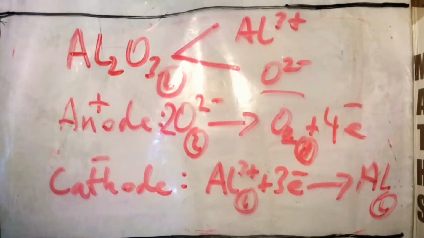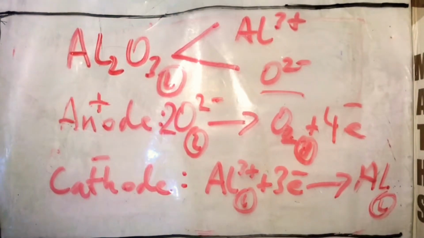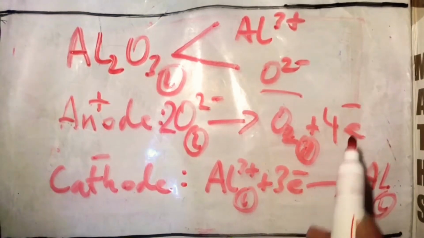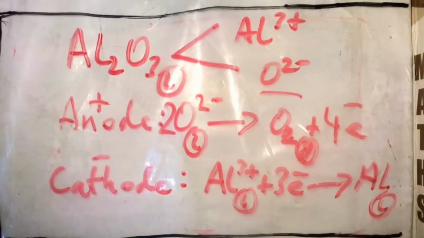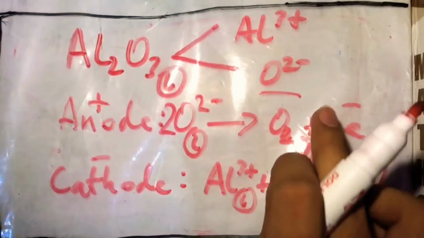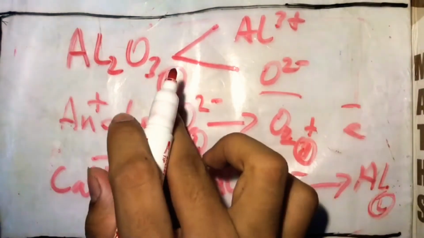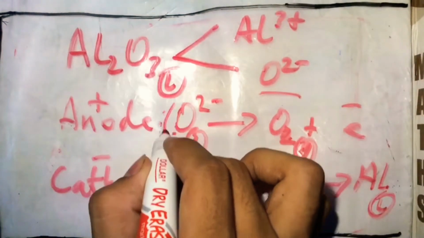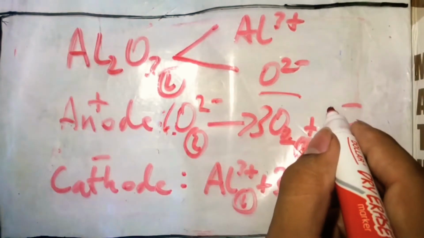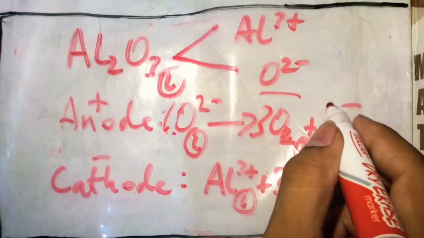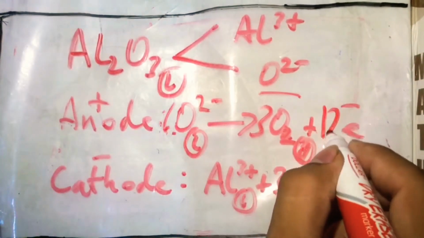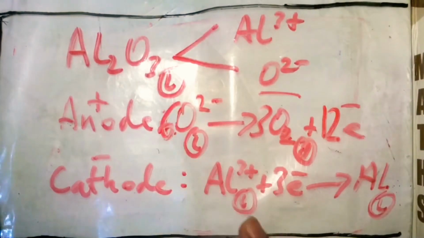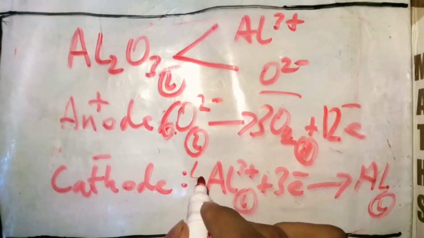To balance this, we'll have to have equal electrons in both the equations. So multiply this by 3, giving 6 electrons, and multiply this by 4.